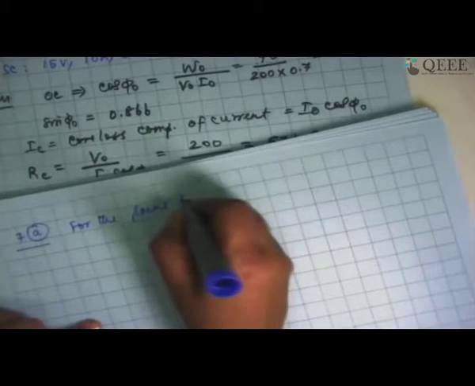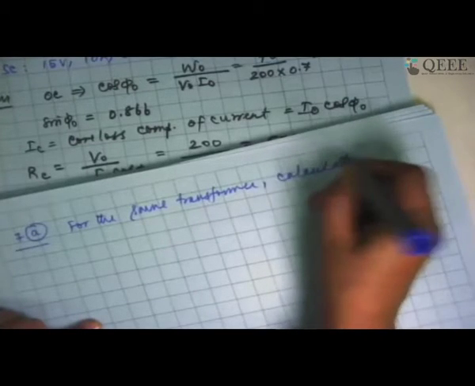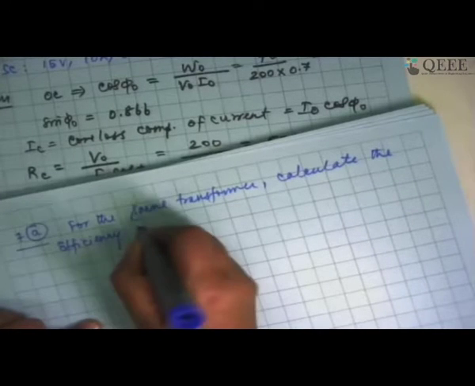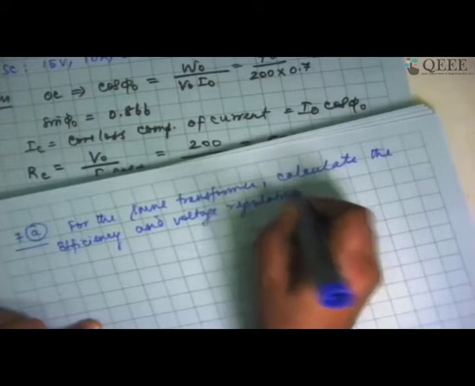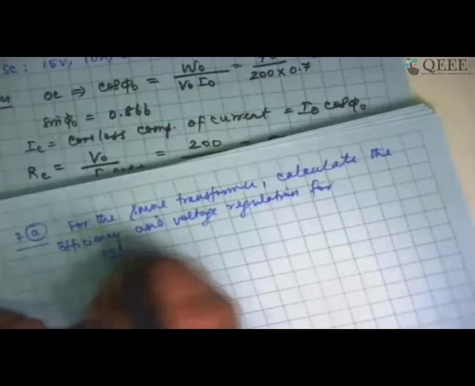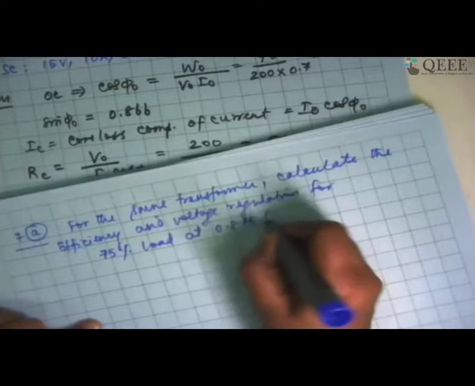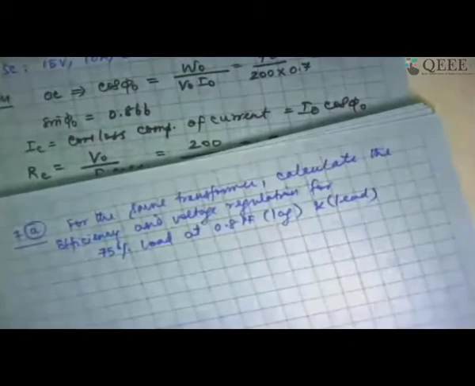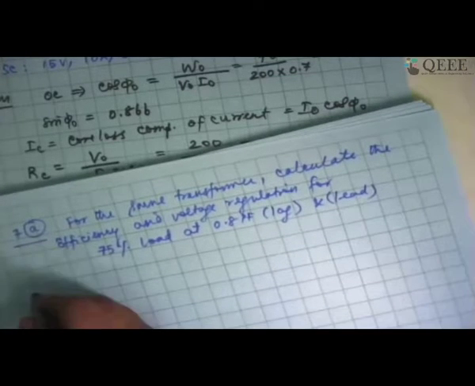For the same transformer, calculate the efficiency and voltage regulation for 75% load at 0.8 power factor, lag and lead. I am arbitrarily giving this question, so you guys have to help me to calculate. I don't have the calculator here. Okay, let's try to do this.